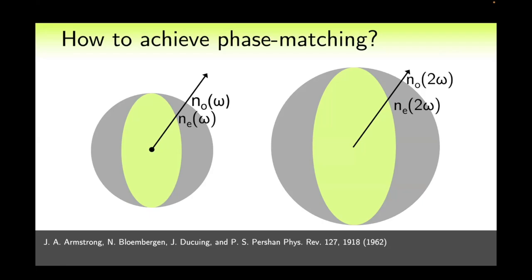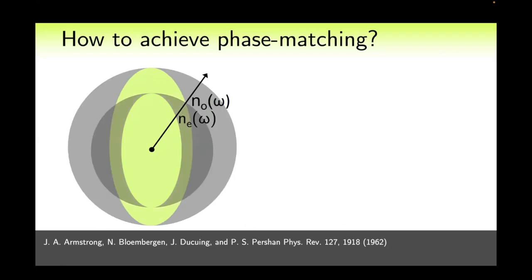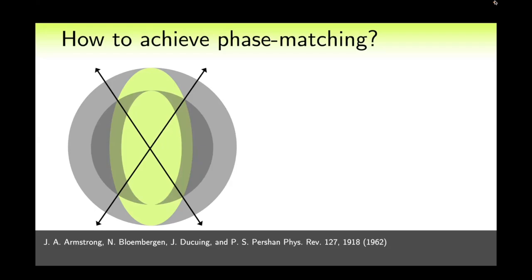However, it turns out that there is a point where the refractive index of the ordinary wave at the fundamental frequency is simply equal to the refractive index of the extraordinary wave at the second harmonic frequency. This means that in a uniaxial medium, there are four directions where the phase matching condition is achieved.